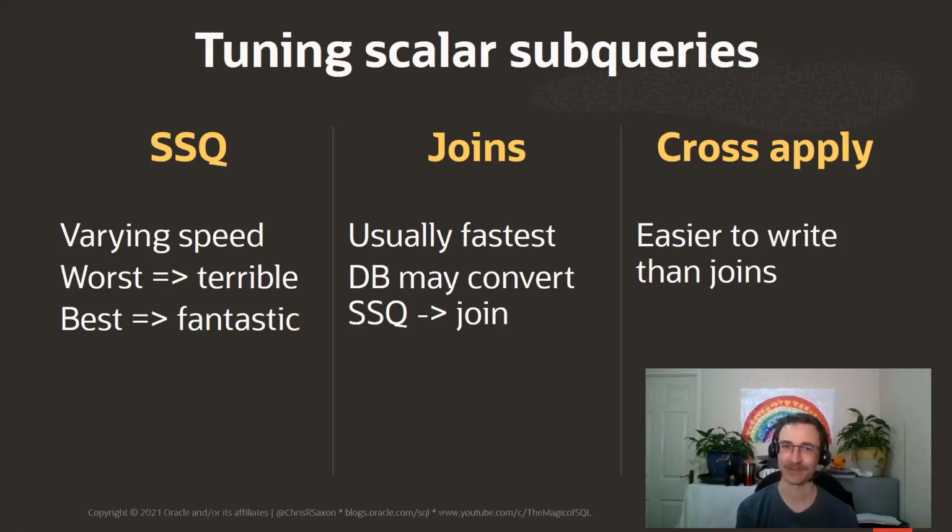Things could get really bad. On the other hand, if multiple rows have the same value, scalar subqueries can be all right, can be good. And again, for this, generally you've just got to try things out. Check the plan, see how it works, and just review and monitor and stay on top of it.